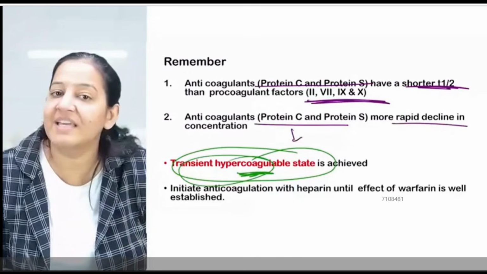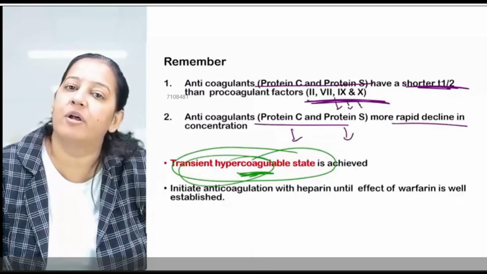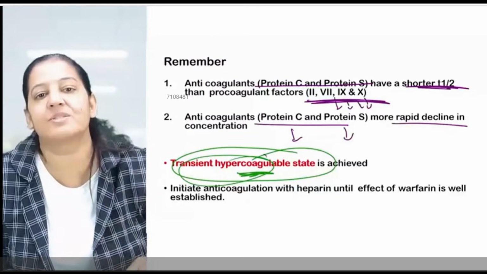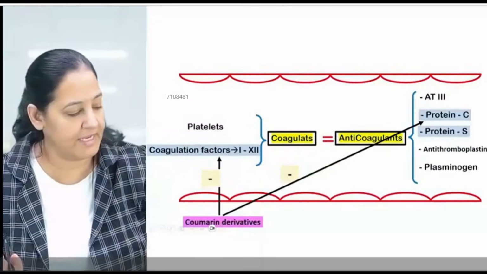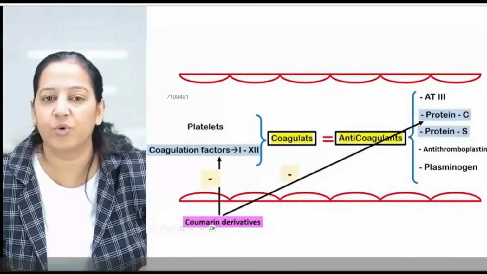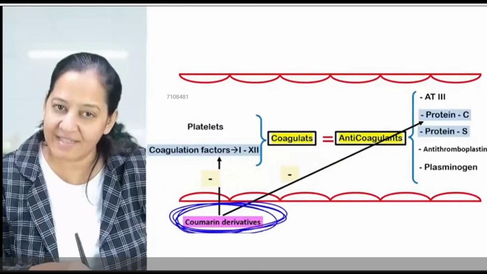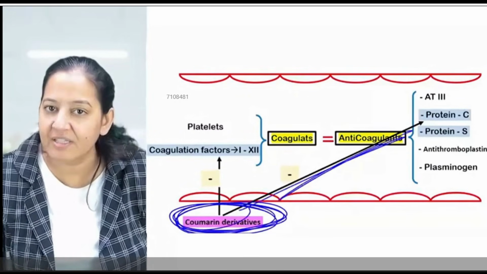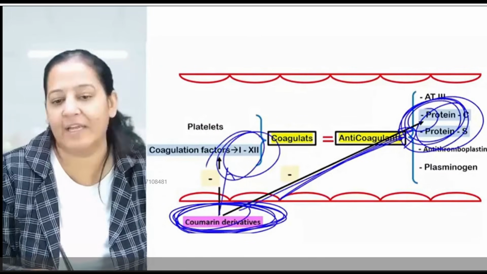So first protein C and S fall, causing coagulation, and then factor 2, 7, 9, 10 fall, causing anticoagulation. This is shown over here. Whenever we take the oral anticoagulant warfarin, first there is transient hypercoagulation followed by anticoagulation.